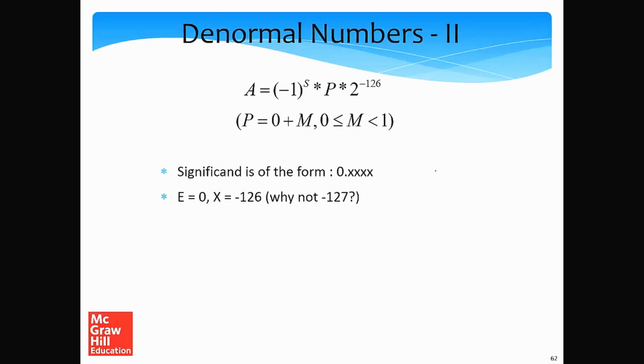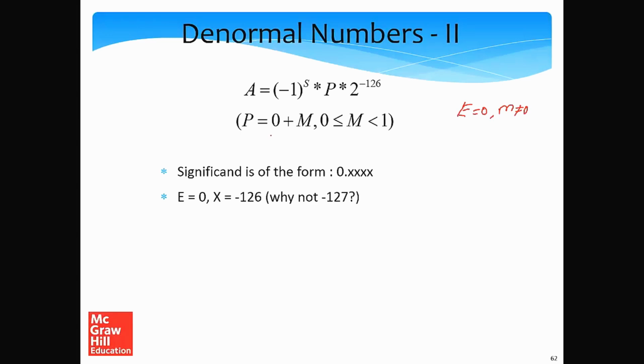What we can do is define a set of denormal numbers where the E field in the representation is 0 and the M field is not equal to 0. In the normal form of a denormal number, we change the significand.